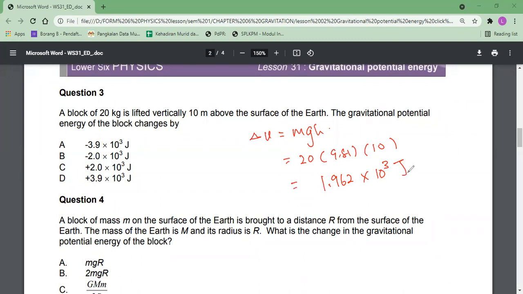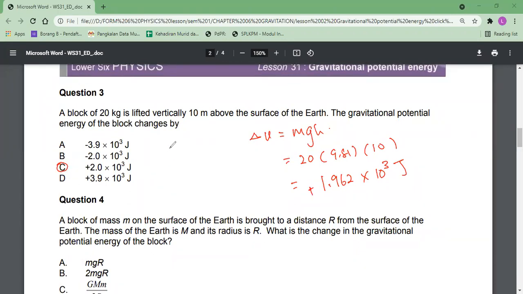So from here, which one is correct? Is it positive or negative? If there is a change of the gravitational potential energy, it will be positive. Why? Do you still remember?